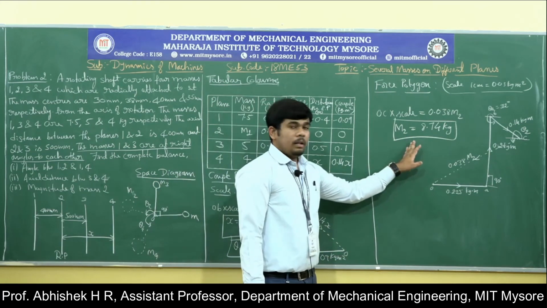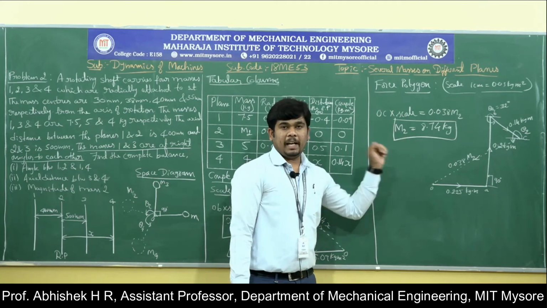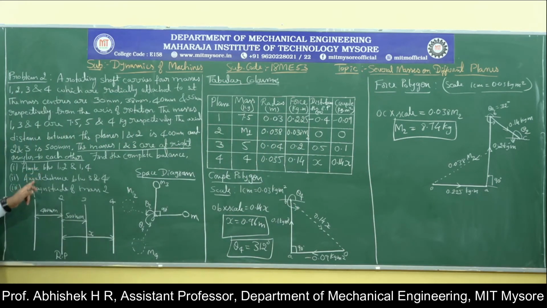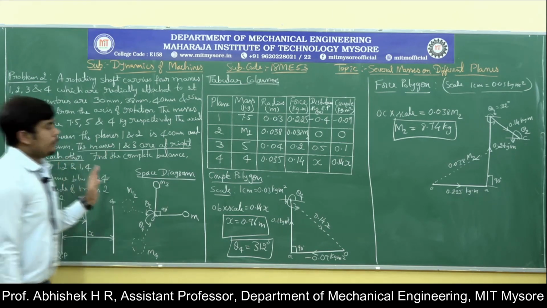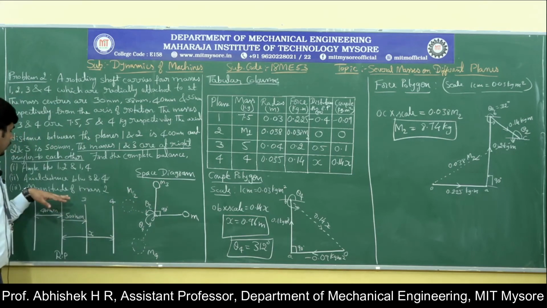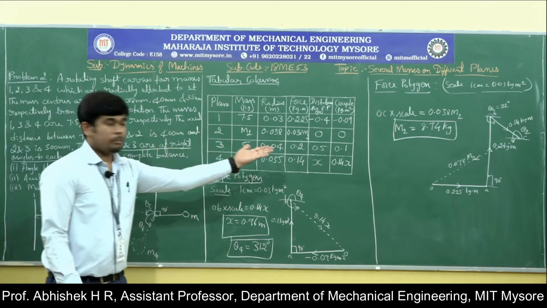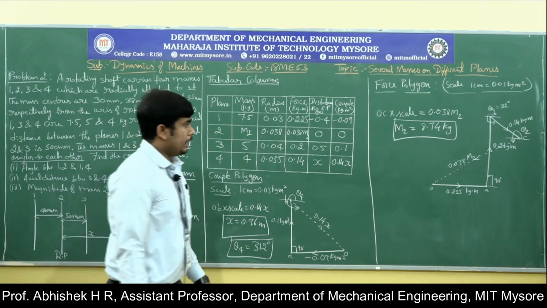So this is the mass of the plane 2. That is what they have asked us to find, the magnitude of mass 2. So m2 is equal to 8.74 kg.